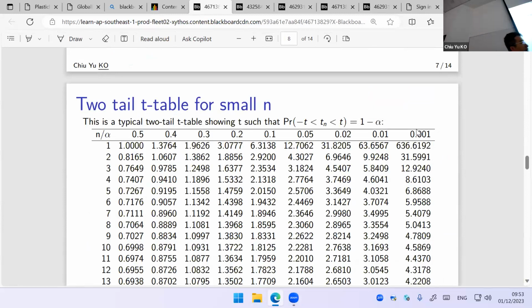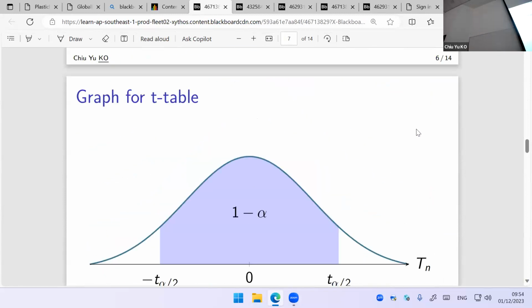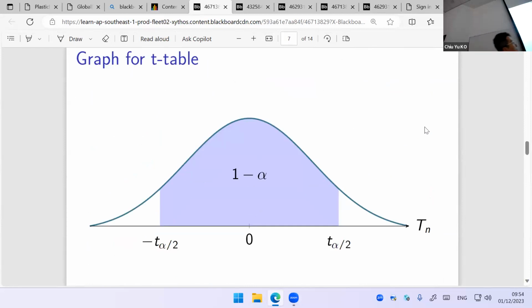Just be careful to look at what T table you got. The T table we have is this one, with 1 minus alpha in the center. This is the most common T table you might find on the internet, so that's why I use this one.